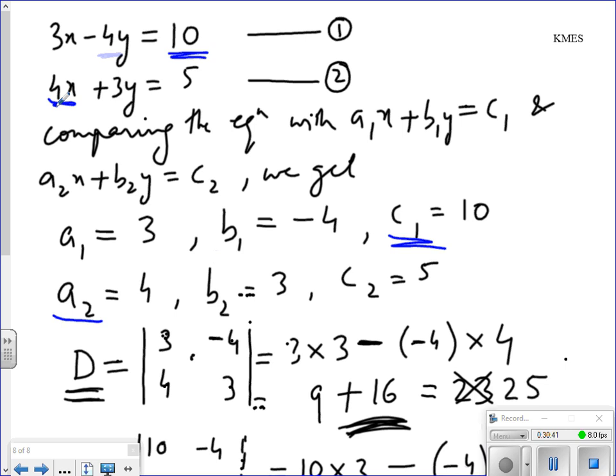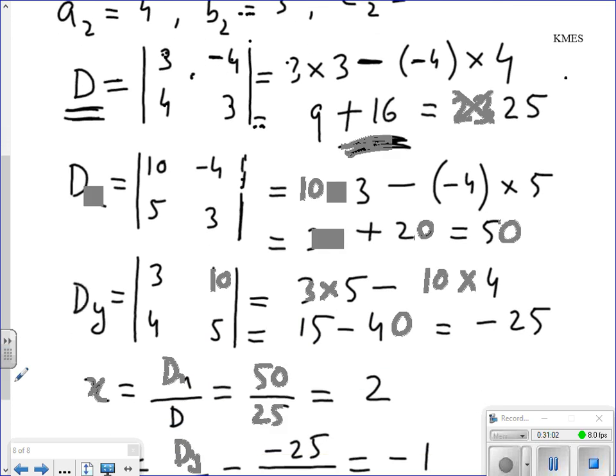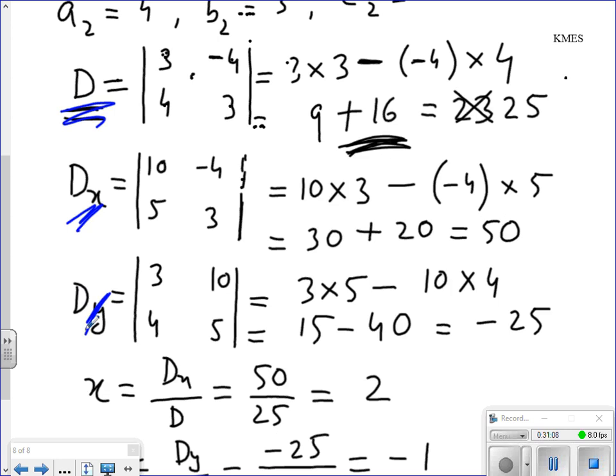Similarly, a2 becomes 4, b2 is 3 and c2 is 5. So step number 2 is to find the values of a1, b1, c1, a2, b2 and c2. Then comes a very important step: to find the values of the three determinants d, dx and dy. How do we find these determinants?